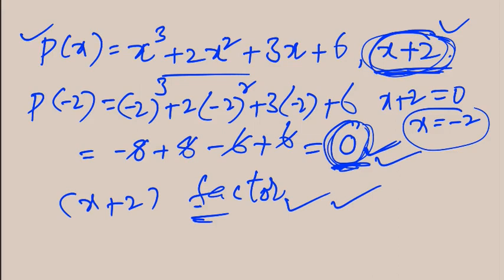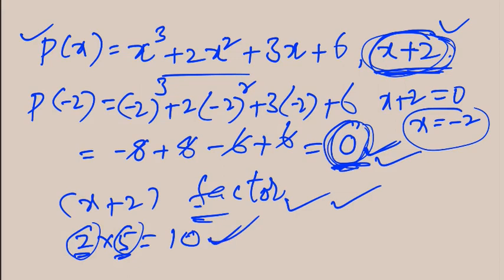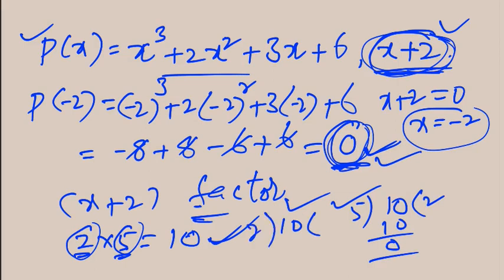Generally, for example, 2 into 5 is 10. So 5 and 2 are factors of 10, why? Because 2 and 5 exactly divide 10. If we divide 10 by 5, 5 twos are 10, the remainder is 0. If we divide 10 by 2, 2 fives are 10, the remainder is 0.